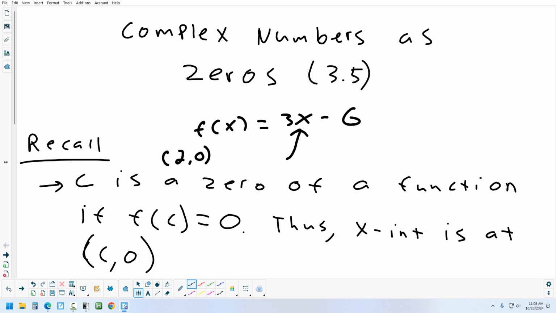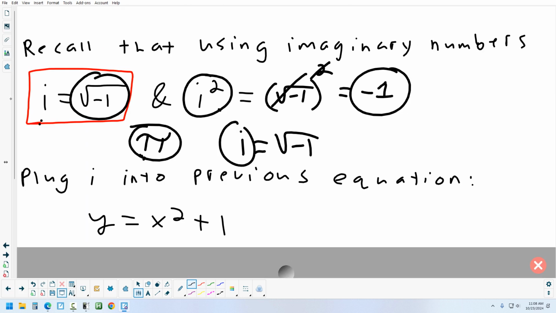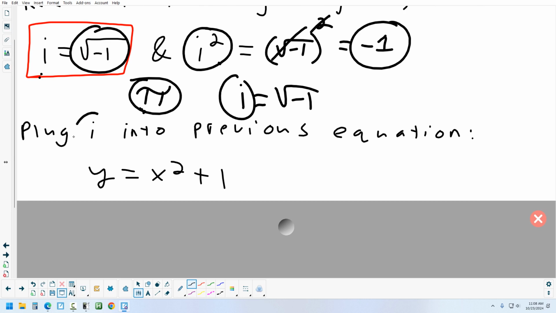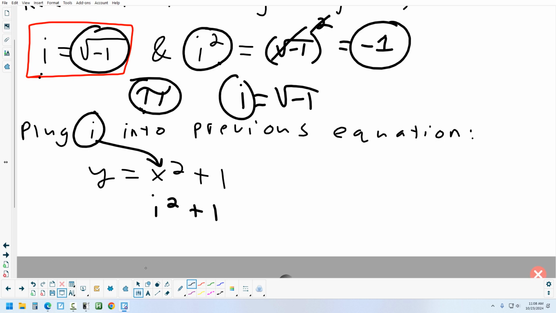Now, let's take the equation that we just had, y equals x squared plus 1, and let's plug i in for x. Watch what happens. We would have i squared plus 1. What did we just say i squared is? Negative 1 plus 1.